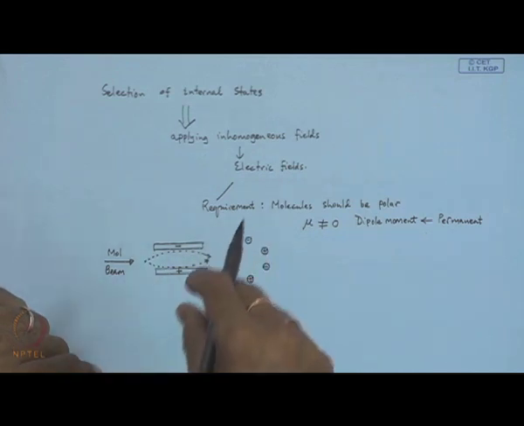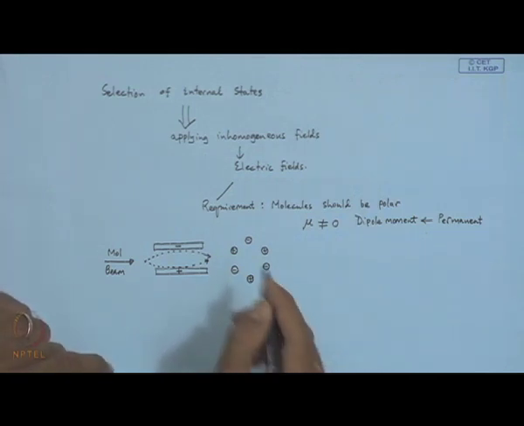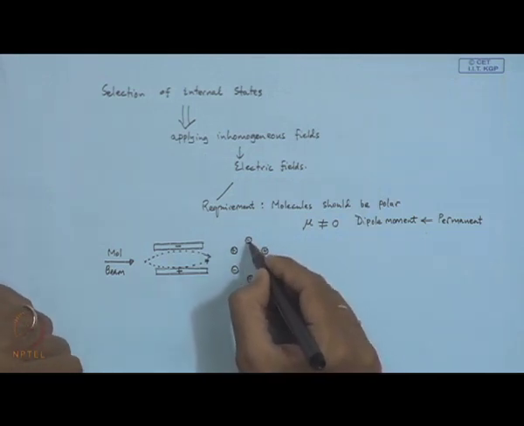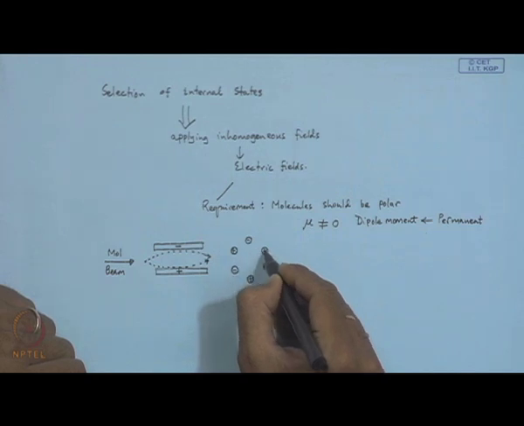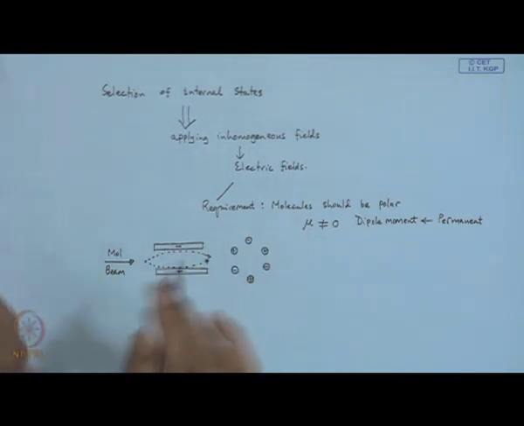So molecules will pass through this inhomogeneous electric field. You see that it is not homogeneously changing; if you go from here to here it is plus, again it is minus, and again plus minus. So it is changing constantly with position.